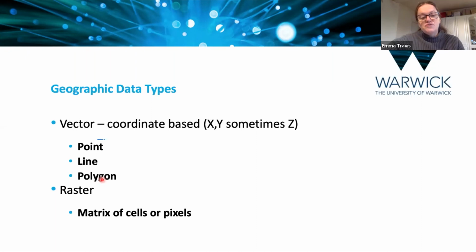The second sort of data type, which I'm not going to go into in much detail, but you need to be aware of, is raster data. And this is a matrix of cells, or pixels if you like, across your geographical space, arranged in columns and rows. And each of those small areas, the size of which can vary depending on your raster, reflects a quality.